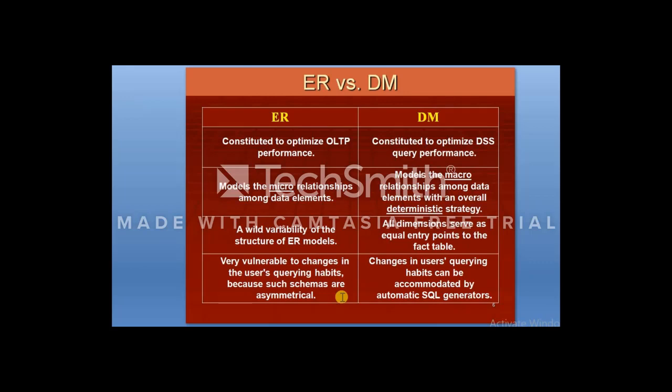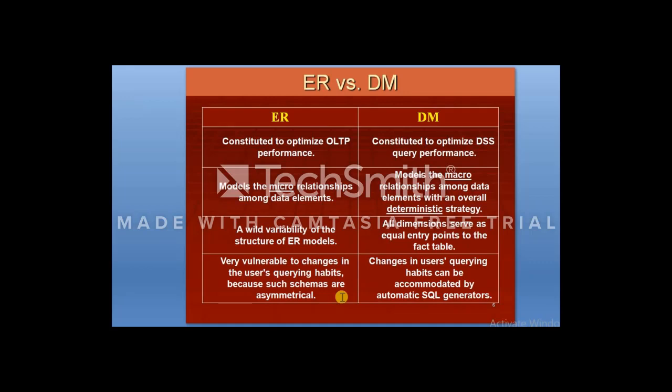Let's say a country has multiple provinces, so it is one hierarchy. And a province has multiple districts, so this is another hierarchy. In multiple districts there are multiple divisions, inside multiple divisions there are multiple cities, and inside a city there are multiple zones available.